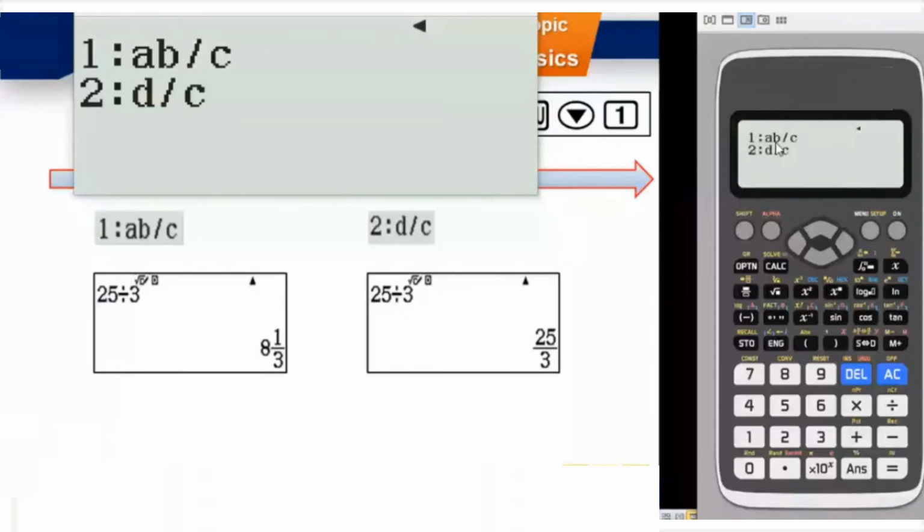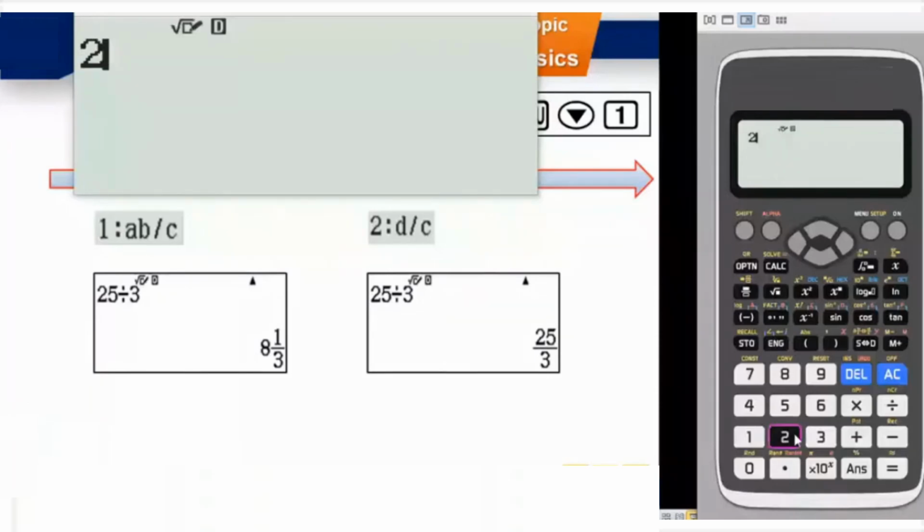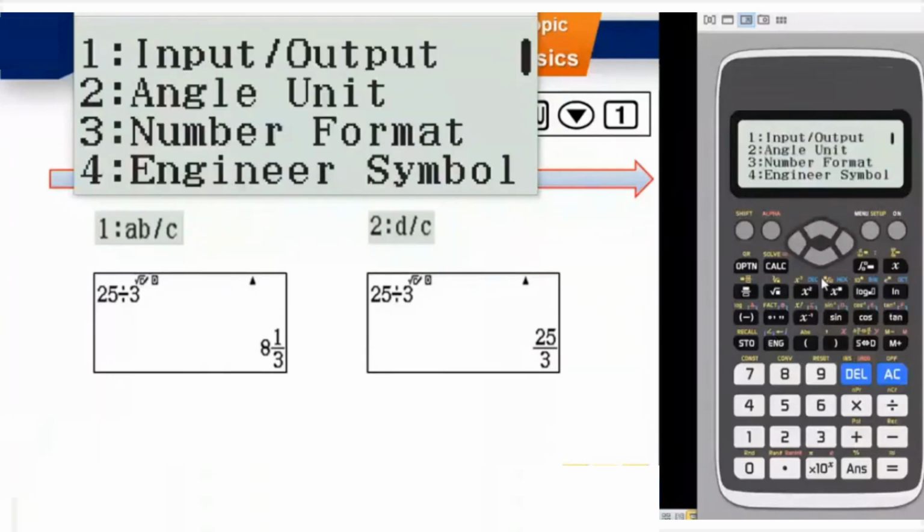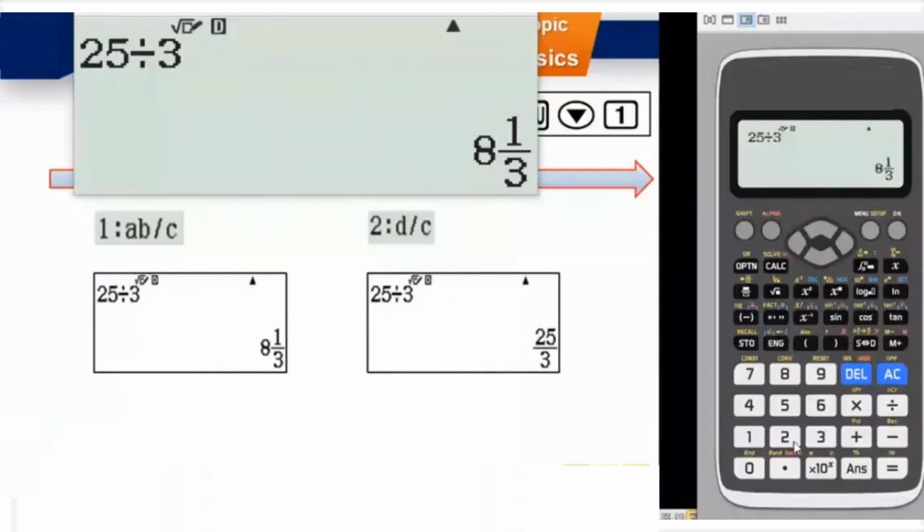So if I press 1, and I press 25 divided by 3, the calculator will give me the answer in mixed numbers, that is 8 whole 1 upon 3. On the other hand, if I shift menu, scroll down, fraction result, and I press 2, the calculator will give me answer in improper fractions. I hope this is clear to all of you.